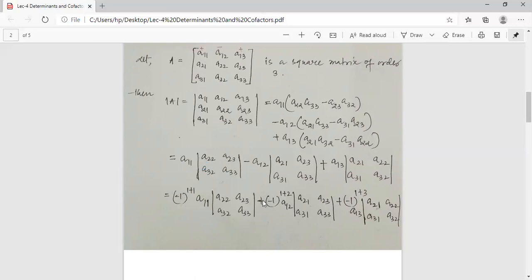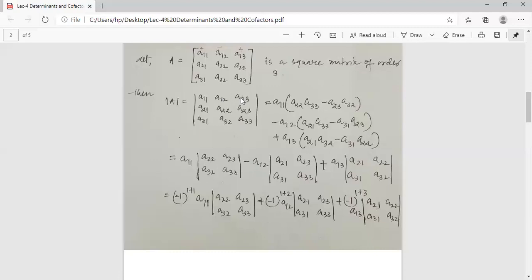Then plus minus 1 to the power i plus j, A12. A12 has a negative sign because of its location: minus 1 to the power 1 plus 2, its position is 1, 2. So i plus j is 1 plus 2, 3. 3 is odd, so it will have a negative sign.